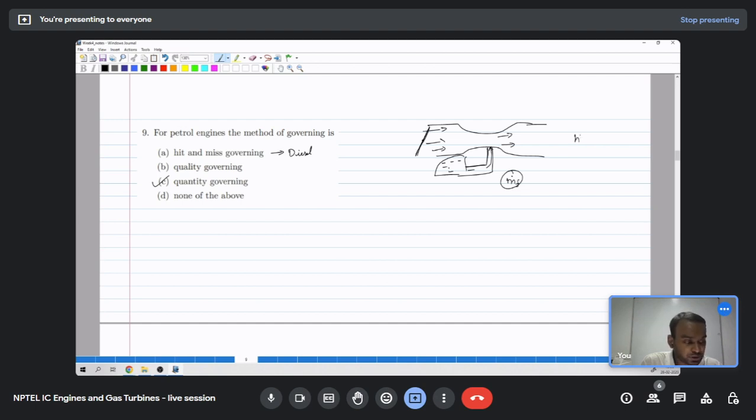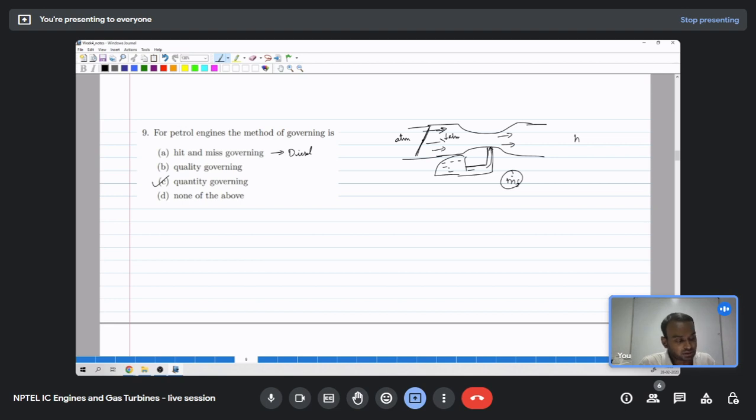Engine speed will decide the mass flow rate of the air, and also the throttle decides the pressure drop here. So here it will be atmosphere, and here it will be less than atmosphere, say vacuum, and then further it will get reduced.